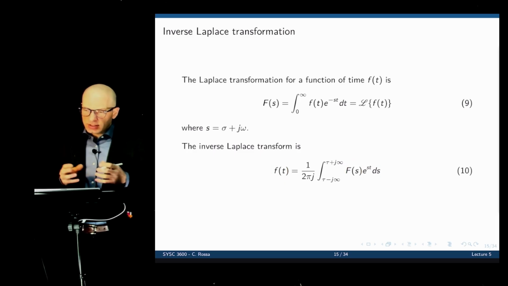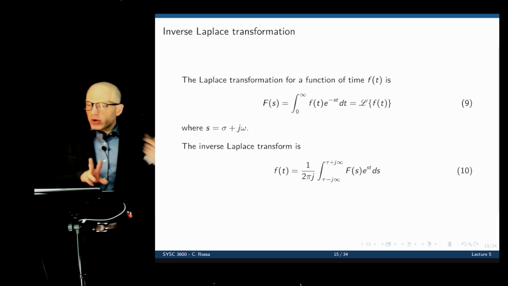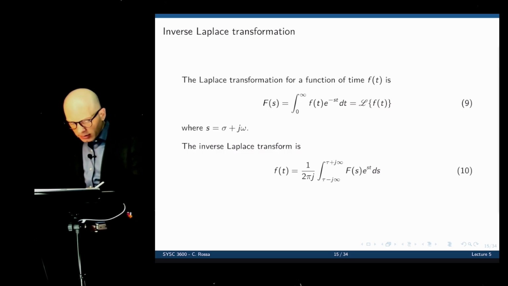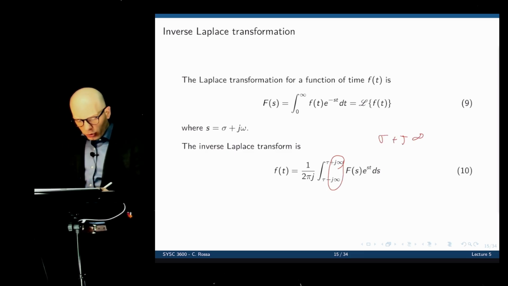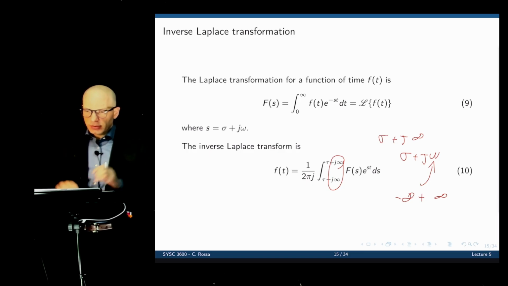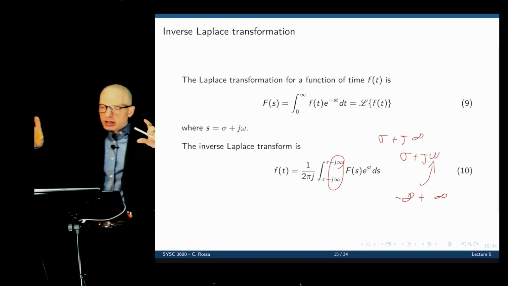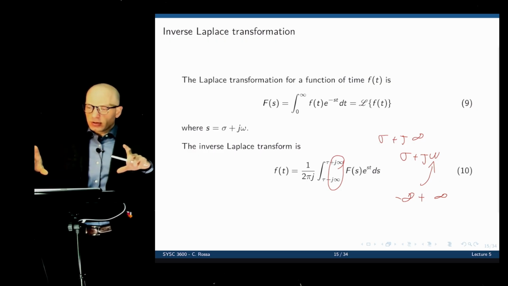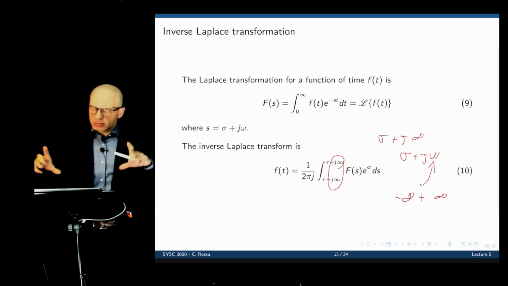The signal exists as a combination of frequencies and a combination of exponential components. Now you notice that the limits of the integration here have changed. It's tau plus j infinity, or tau plus j omega. Omega is the frequency where the signal exists, and that is going from negative infinity to infinity. Because the first one is time, we do the entire time domain. The second one is frequency, we do the integration over all possible range of frequencies.